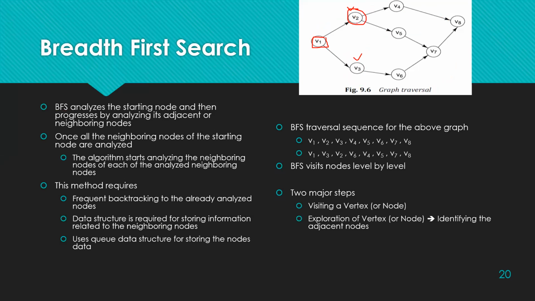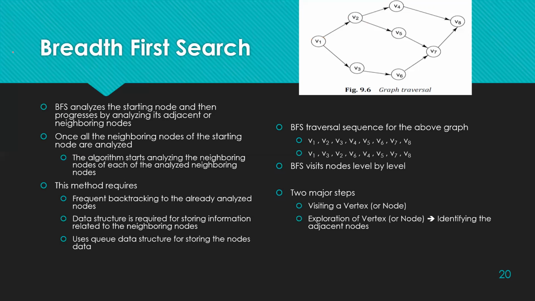If there are 10 neighbors, you consider one of them and go ahead with the analysis. Here V2 is a neighbor of V1, so you jump to V2. Then who are the neighbors for V2? It is V4 and V5. You keep on continuing till all the nodes are visited, that is, all the nodes you need to visit and analyze.